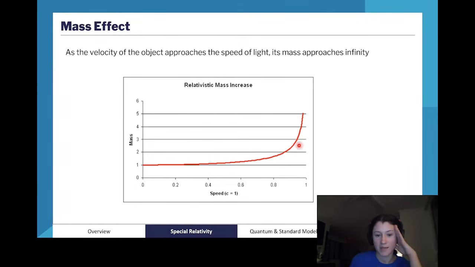And at c equals 1, this line here, you can see that our line actually never gets there. So it's approaching c equals 1 asymptotically, right? It's getting closer and closer, but it's never actually reaching it. So what you can see from this is as speed increases, more of the force going towards accelerating the mass is actually going into increasing the mass.